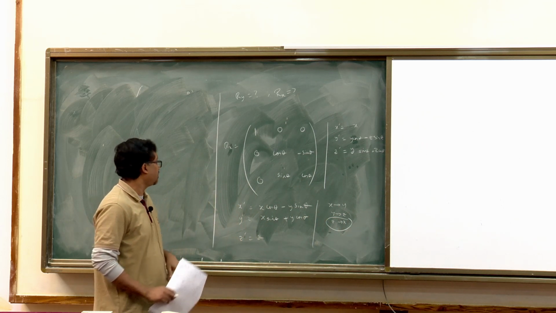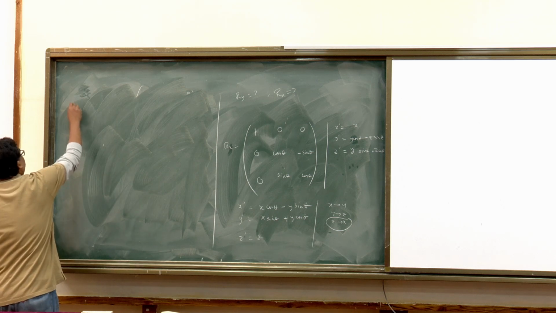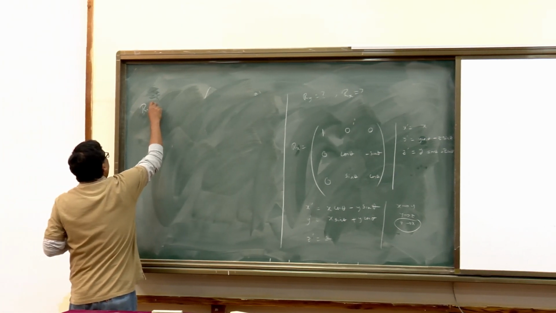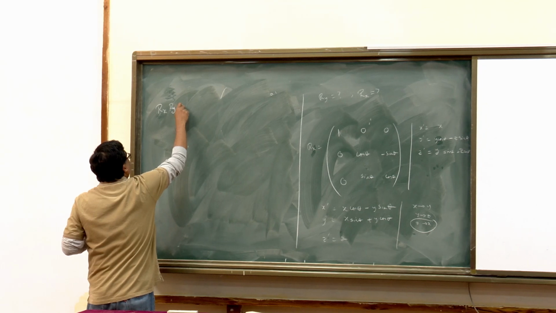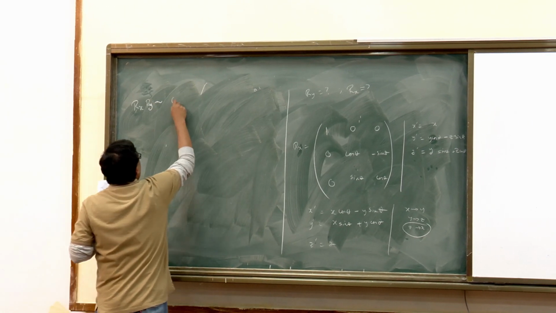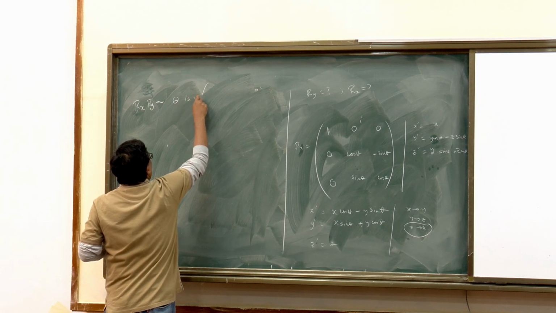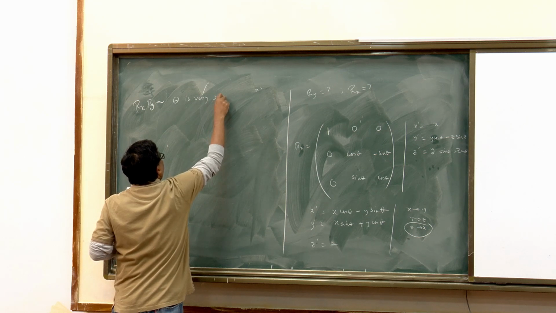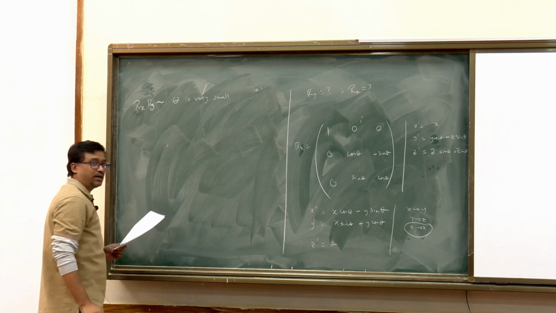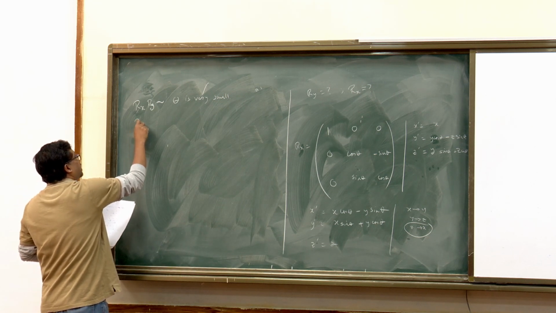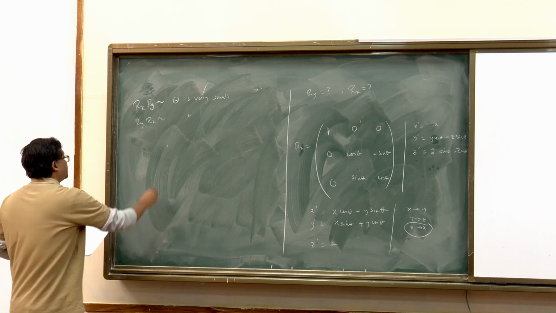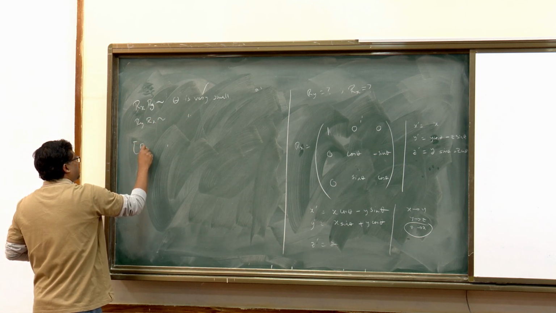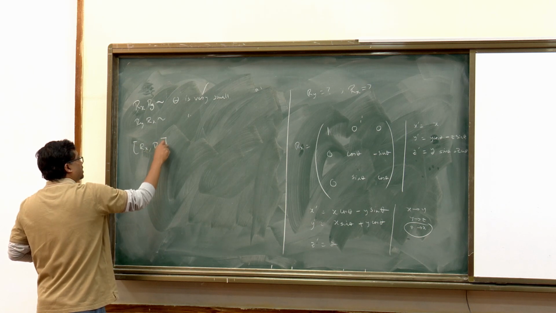So, let me explain how. Let us figure out Rx when theta is very small, and then figure out Ry Rx for the same thing, and then take the difference so that we can calculate this commutator.